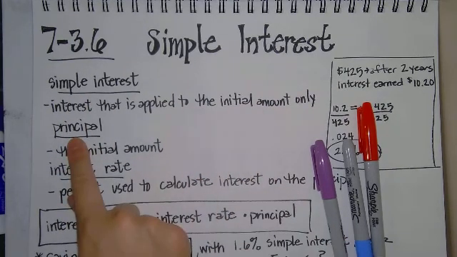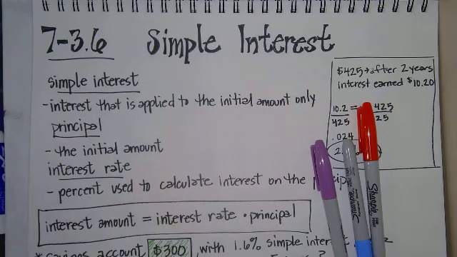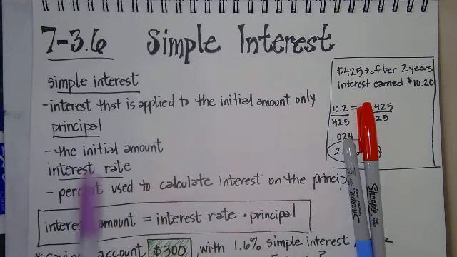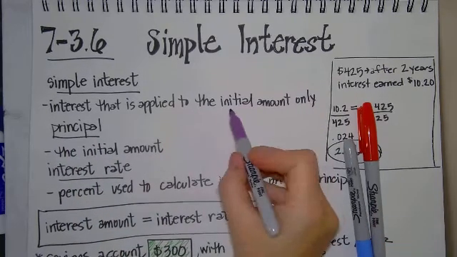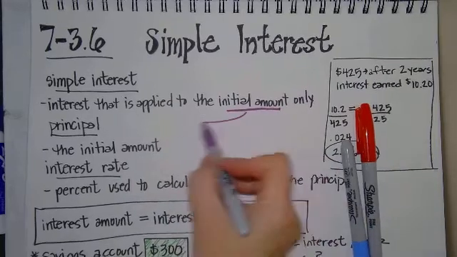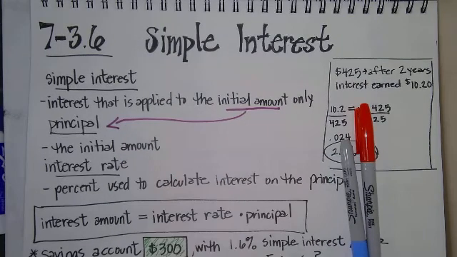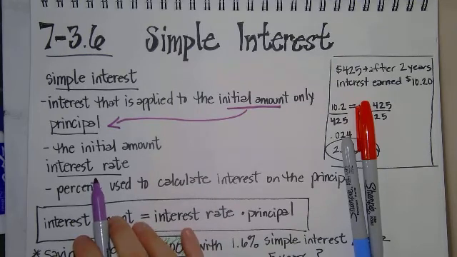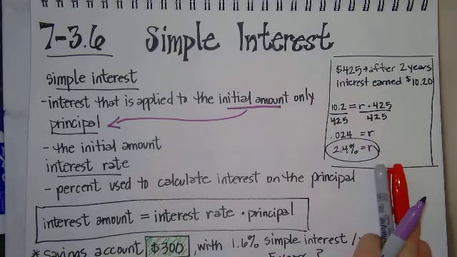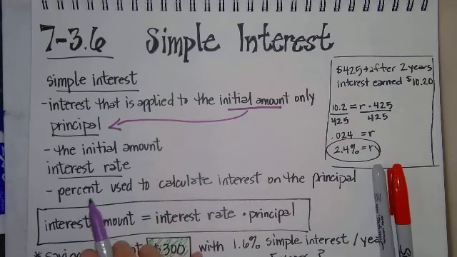Here's a vocabulary word that you need to make sure you know, and that is principal. Principal refers to the initial amount. So when we say it applies to the initial amount only, we're talking about applying to the principal. And then the interest rate, and I'm sure you've heard your parents talking about interest rate. Interest rate is the percent.